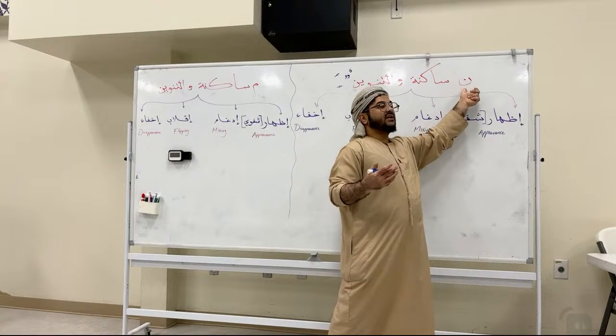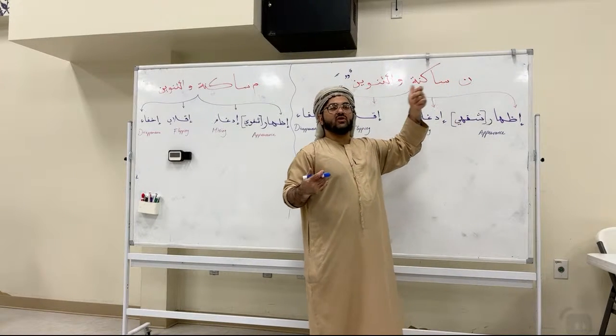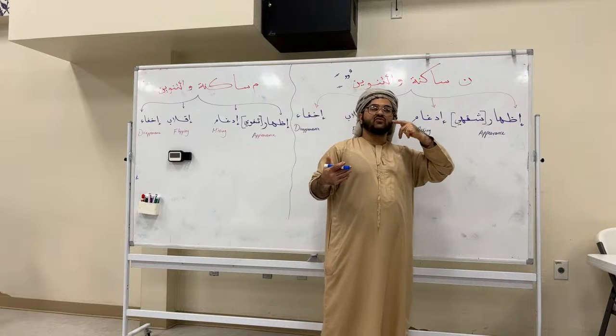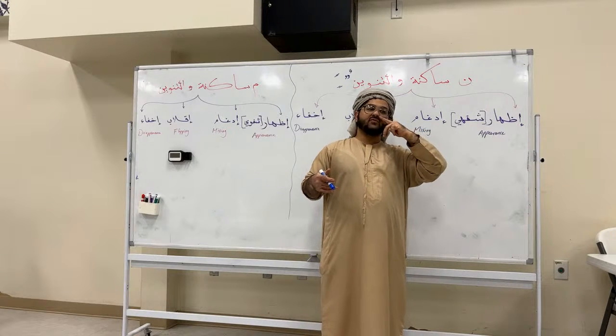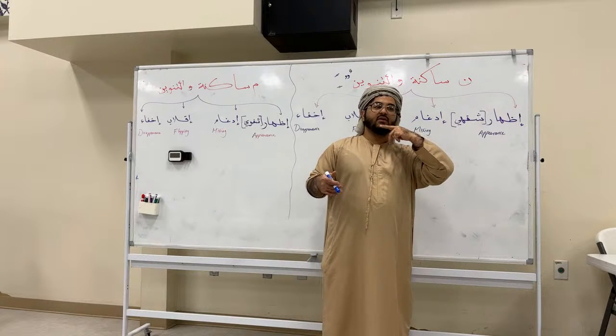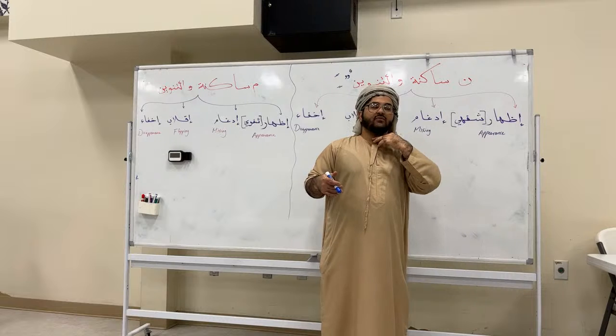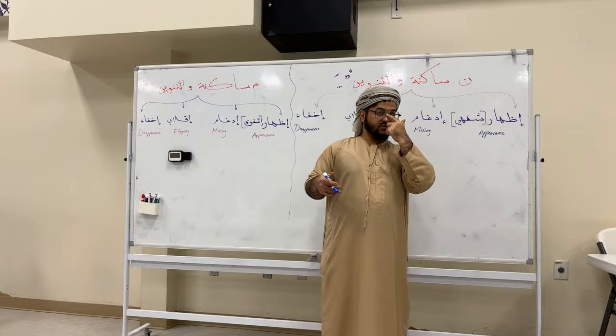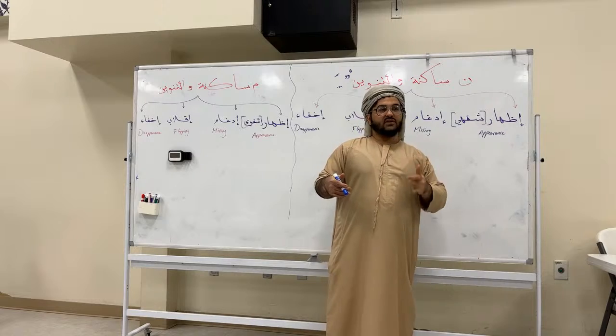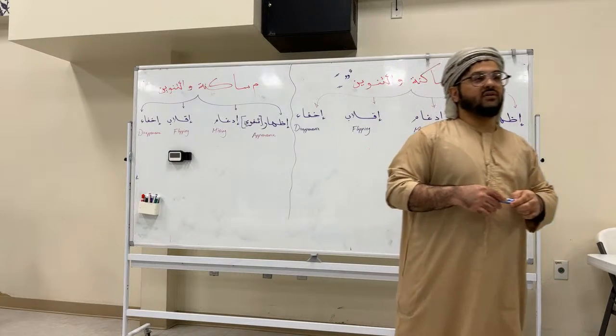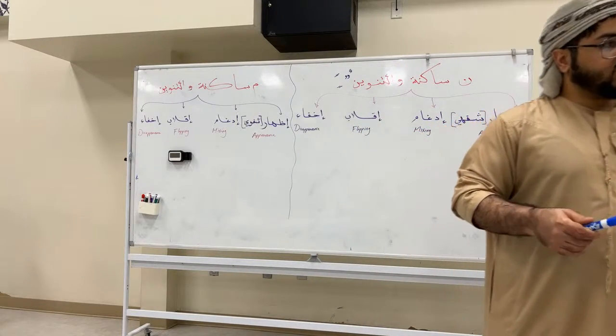So the nun sakina, we know where the nun comes from. Who can tell me where the nun comes from? Can you describe it? Mus'ab: nasal cavity. The nun comes from the nose. Does it come from the nose, the nun?